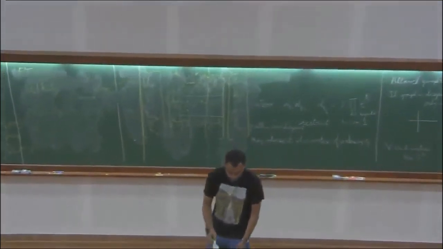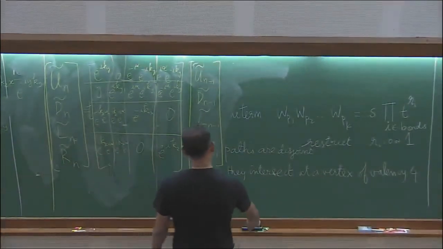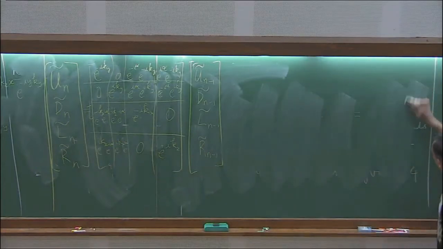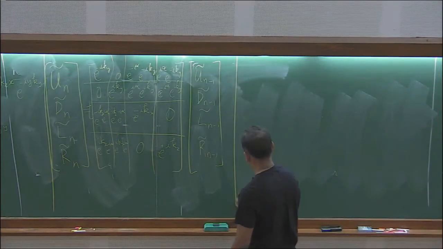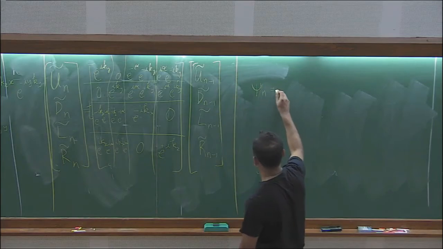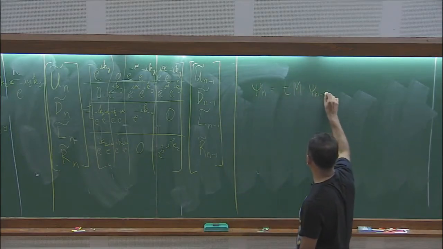So now we are sort of done, because now it's in the form we like. So let me call this psi n. So psi n is t times m times psi n minus 1.